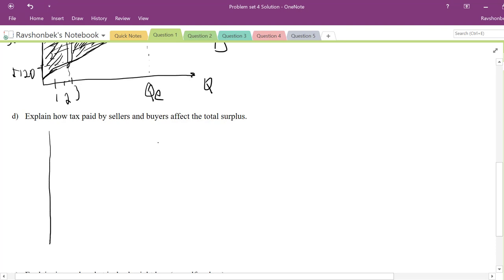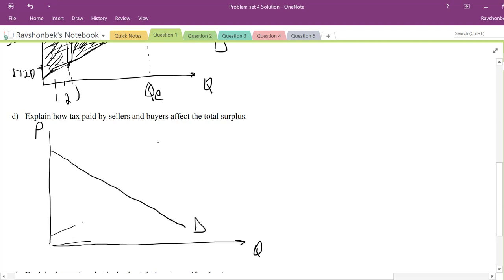Usually, let's say with sellers, seller side taxation is easier to explain. So this is quantity and price, and this is our demand, this is our supply. Let's say this is the equilibrium price.